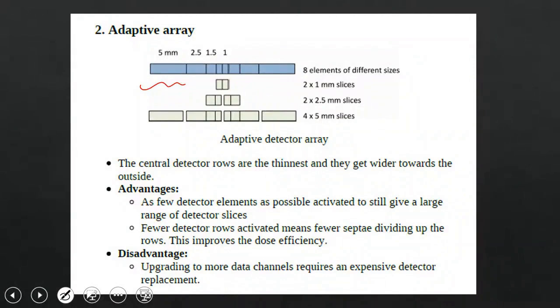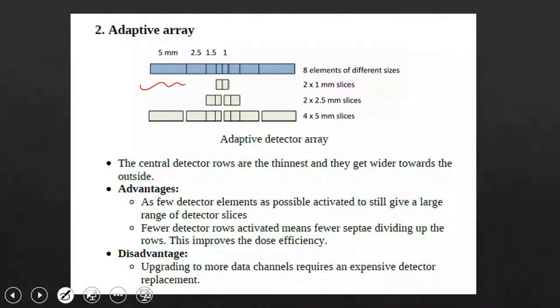So, I have, for example, 8 elements with different sizes. This means that the manufacturer has designed this setup to provide several options for collimation. 2 in 1 millimeter is used.